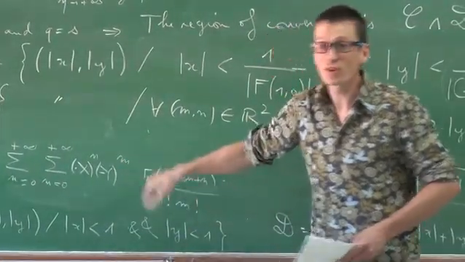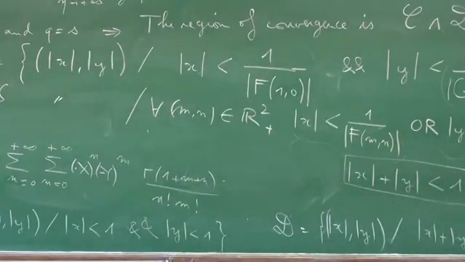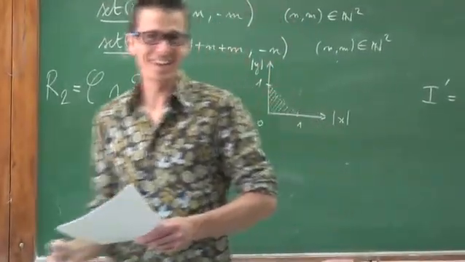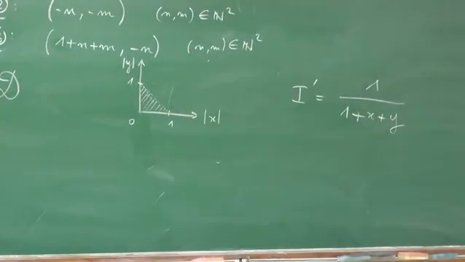And this gives a very simple formula, in fact. I prime is nothing else but 1 over this plus y. Okay. I took this very simple example because it's speaking.